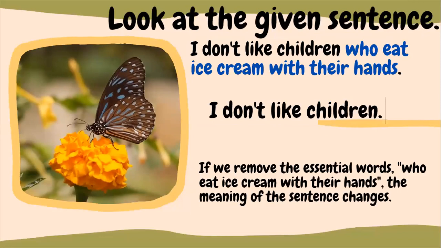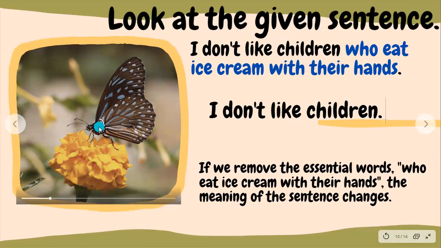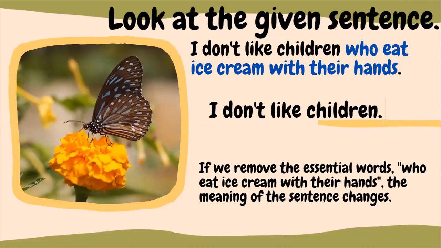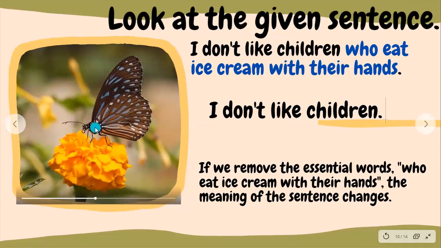Look at the given sentence. I don't like children who eat ice cream with their hands. Who eat ice cream with their hands. If I remove these words, what is left? I don't like children.